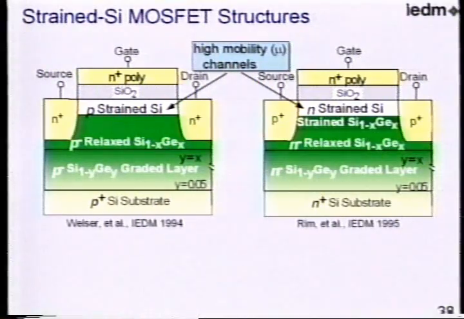In terms of strained silicon, there's of course been work over the last several years on using a graded type of structure, where you start with a graded layer going from silicon, grading it up to about a 20 to 30% mix of silicon germanium, and then this layer tends to get relaxed.